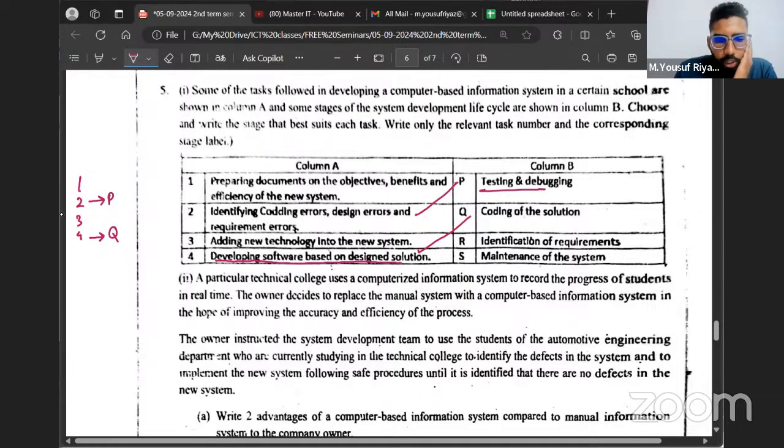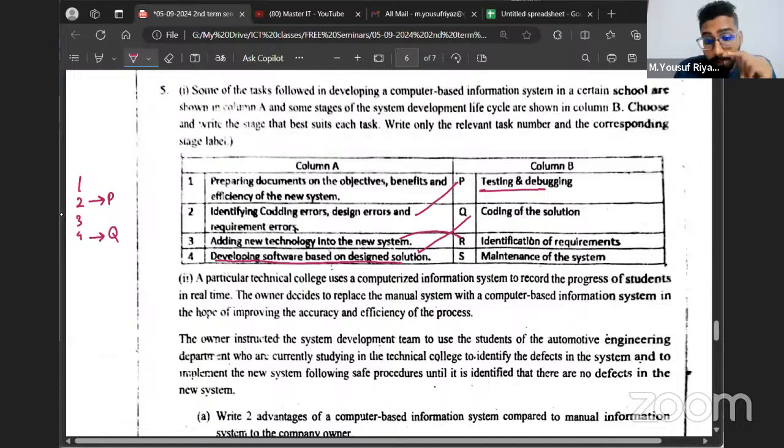And then adding new technology into the, okay, before that, in terms of identifying requirements, that comes on which one? 1 or 3? Identifying requirements is actually the third one.